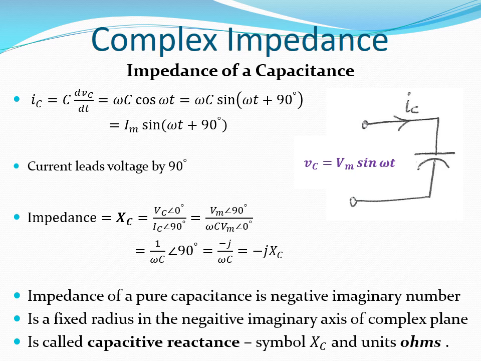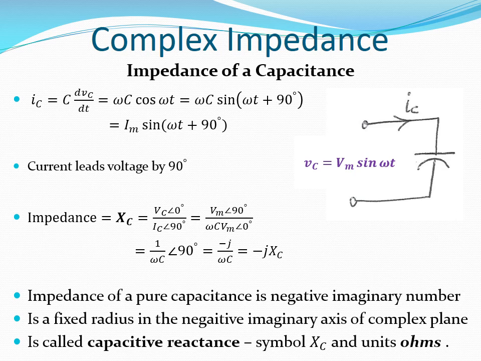Let's express the voltage and current in phasor form and then apply Ohm's law. We obtain the impedance of a capacitance as being equal to 1 over omega C at minus 90 degrees, which is equivalent to minus j over omega C. Therefore, the impedance of a pure capacitance is a negative imaginary number whose magnitude is equal to 1 over omega C. When taken into the complex plane, the impedance is a fixed radius in the negative imaginary axis of the plane.